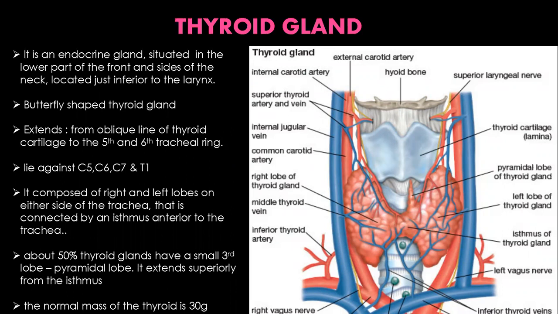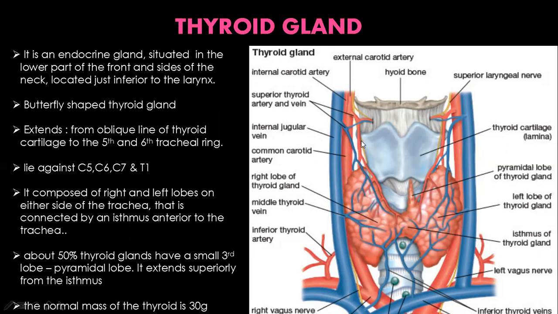Coming to the shape. The thyroid gland looks like a butterfly. Roughly, it looks like a butterfly. That's why it is called a butterfly shaped structure or butterfly shaped gland. And it is extending from the oblique line of the thyroid cartilage. So this is the thyroid cartilage.